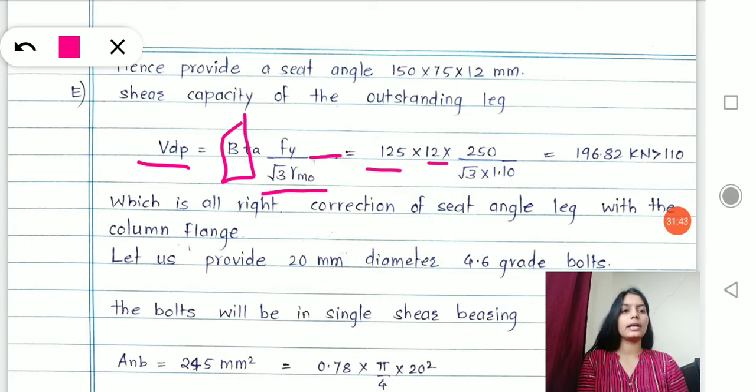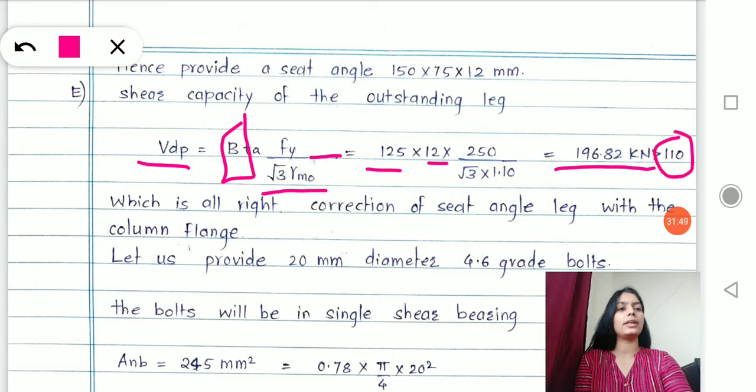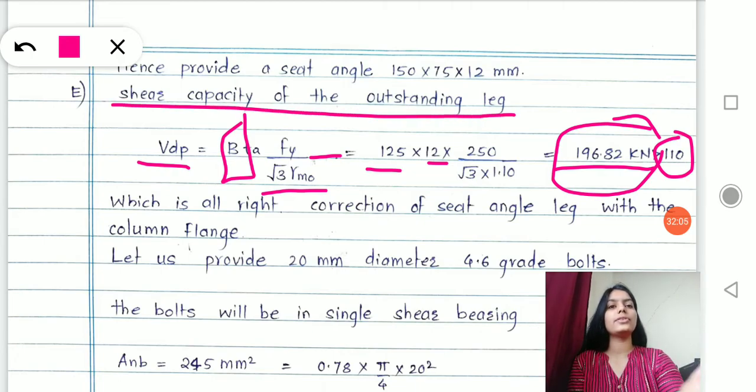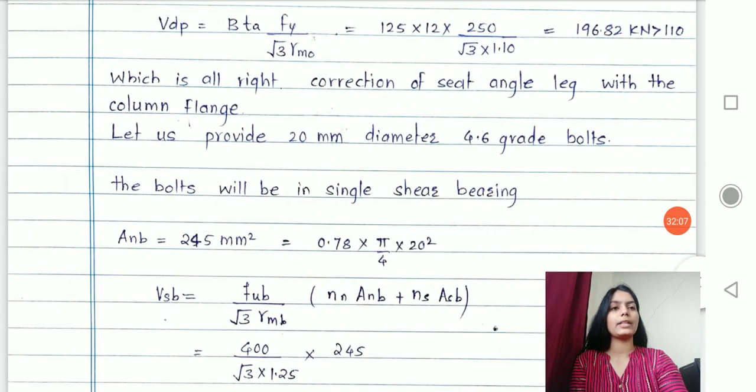This is how we cross checked the shear capacity. The shear capacity should be greater than 110. What is 110? 110 is the shear coming across that connection, and my resistance is much higher than that. It is 196.82 kilonewton. That's why my connection is safe in shear capacity as well.